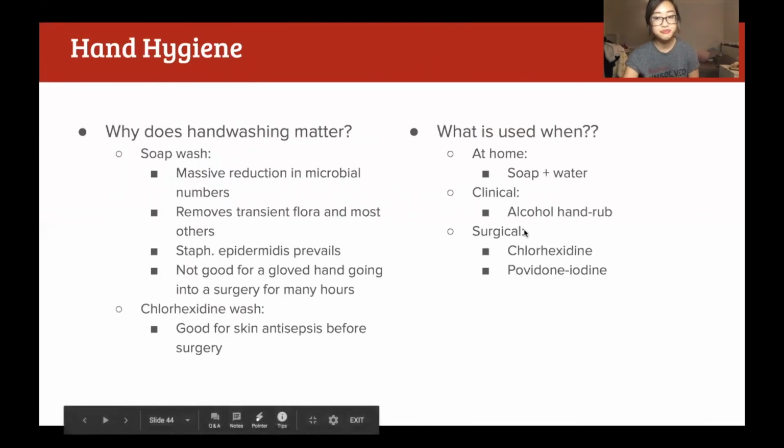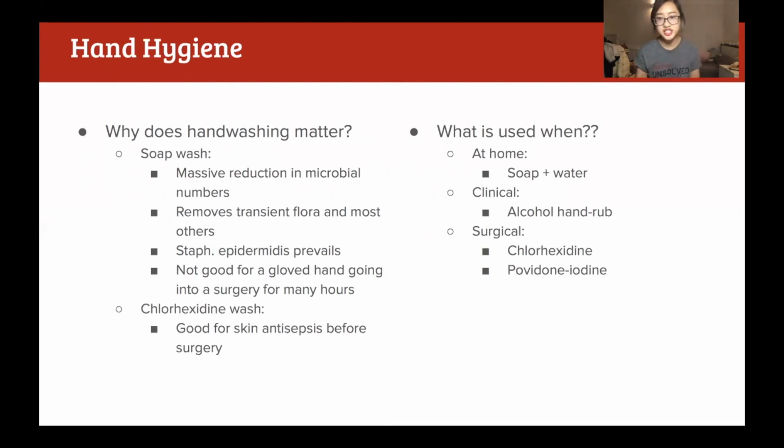I don't need to tell you guys why hand hygiene is important, especially now during this pandemic, but just in case it hasn't been hammered home enough for you guys, hand washing is important because when you use soap, there is a massive reduction in microbial numbers.